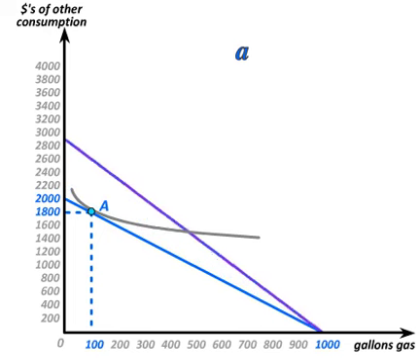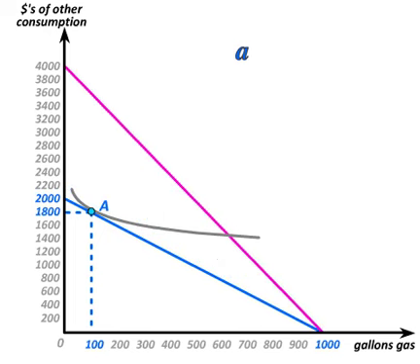When the price of gasoline increases to $4 per gallon, then George can consume as much as $4,000 worth of other goods consumption if he sells his 1,000-gallon endowment of gasoline. Of course, if he only consumes gasoline, he can still only consume 1,000 gallons. His budget therefore rotates outward through his endowment bundle to the magenta budget constraint shown.